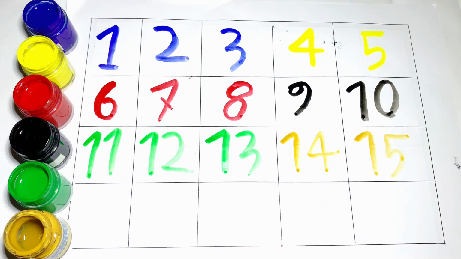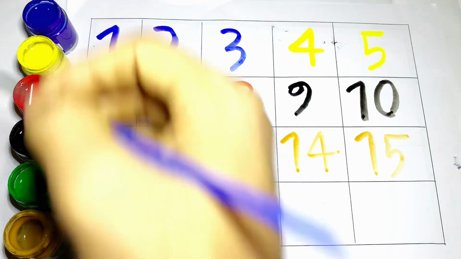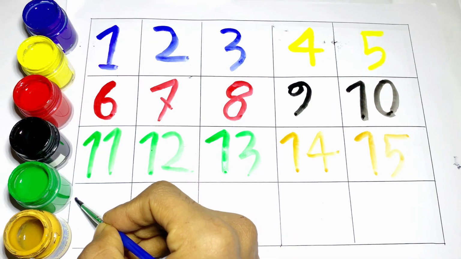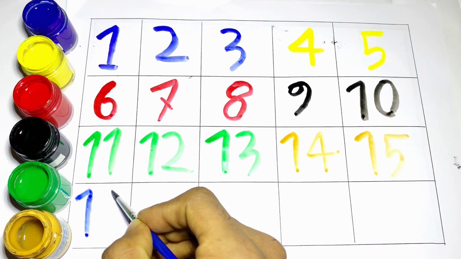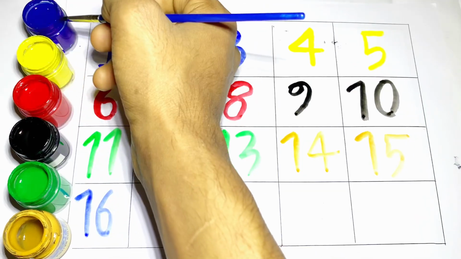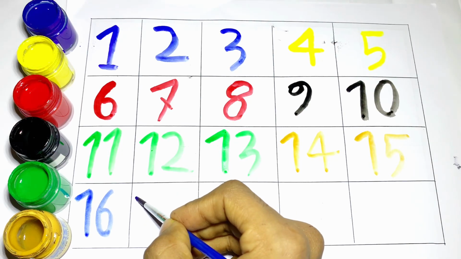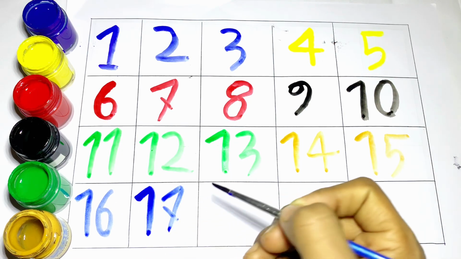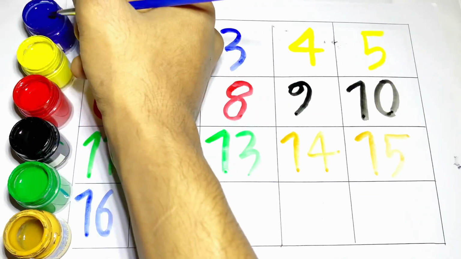Kids, now draw 16. The number 16, and use blue color. Kids, again use blue color and draw 17. Kids, now draw 18.